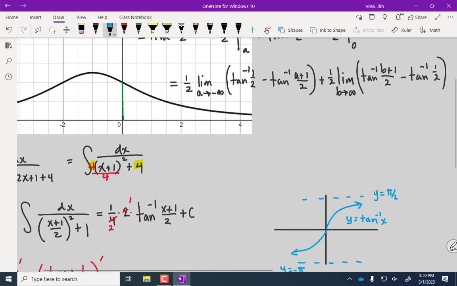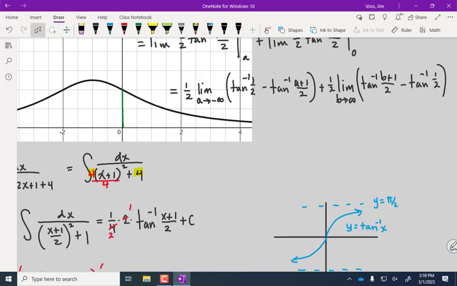So that gives us a clue. As a goes to negative infinity, where does this go? Inverse tangent of negative infinity. So forget about the minus there. Just look at the inverse tangent. If a is going to go to negative infinity, that means the inside of inverse tangent is going to negative infinity.